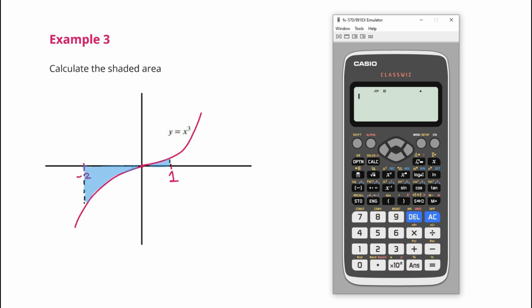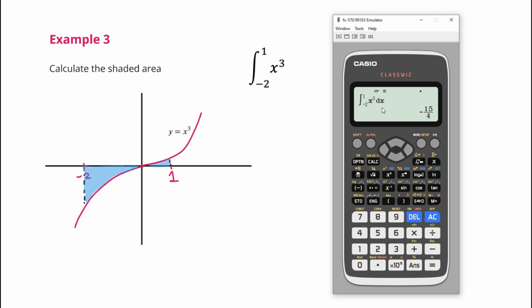Now in this example, you need to calculate the shaded area under the curve y equals x cubed between x equals -2 and x equals 1. You all know that to calculate area under the curve, we integrate the function and then apply the limits. But this particular example is not as straightforward as it seems.